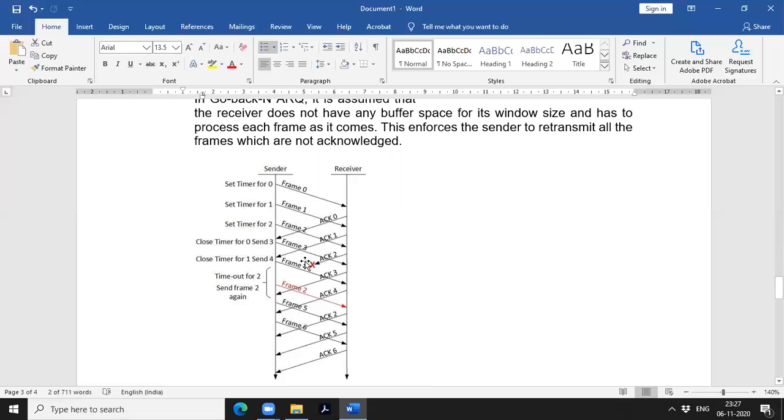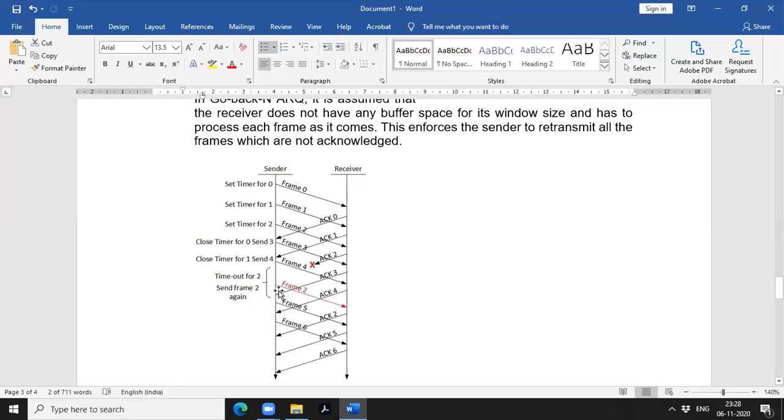So the frame 2 acknowledgement is discarded. Meanwhile frame 3 and frame 4 will be received at the receiver side. So the receiver will transmit the acknowledgement for the fourth frame and fifth frame to the sender side. Once all 5 frames have been received on the receiver side, the sender will retransmit only the particular damaged frame.